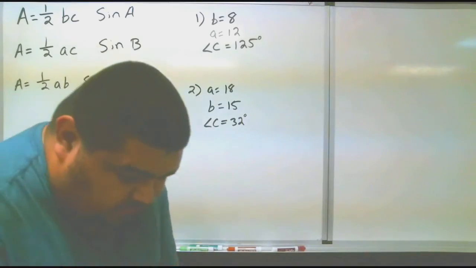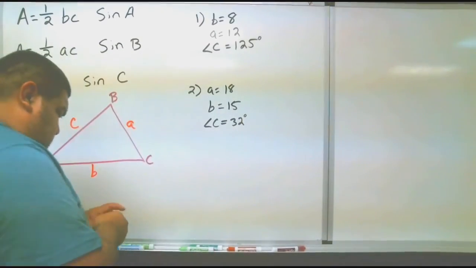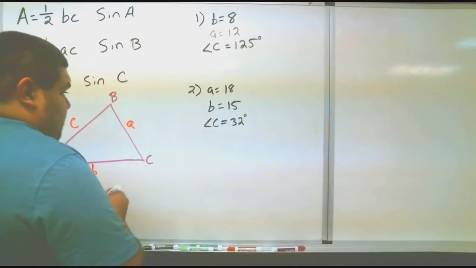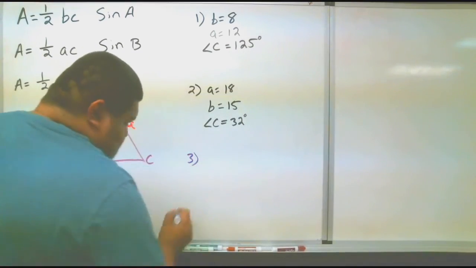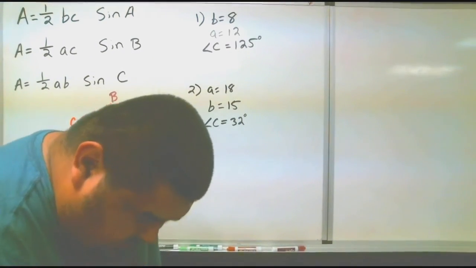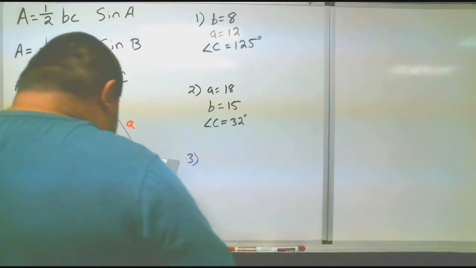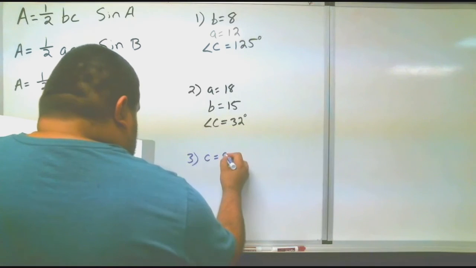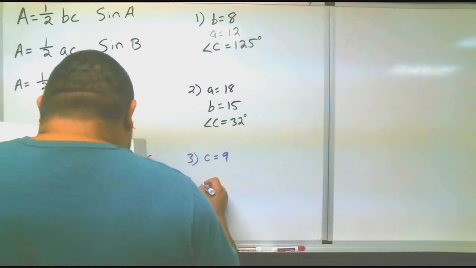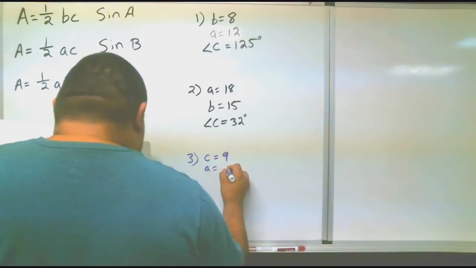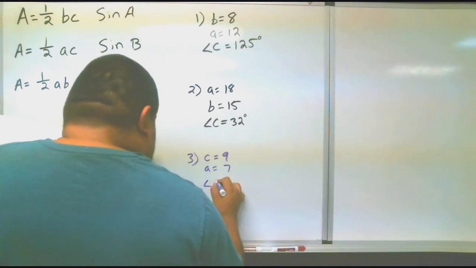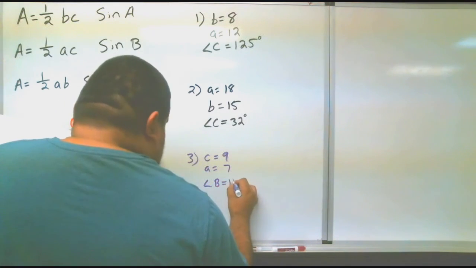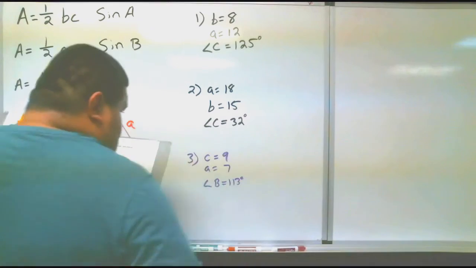Okay, and for your final one, for number 3, little c equals 9, little a equals 7, and angle B equals 113 degrees. Okay?